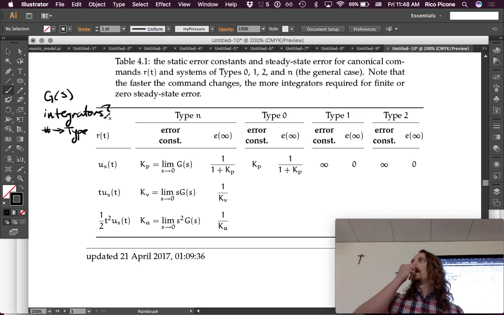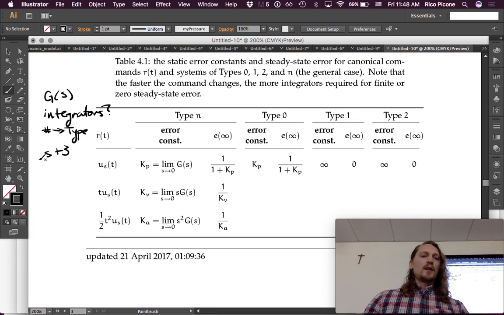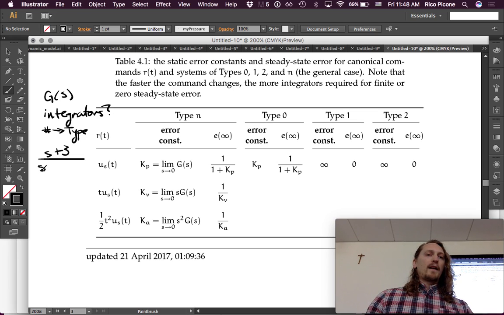Let me show you an example: (s plus 3) divided by s squared times (s plus 1) times (s squared plus 2).